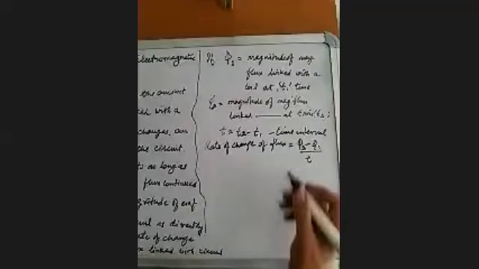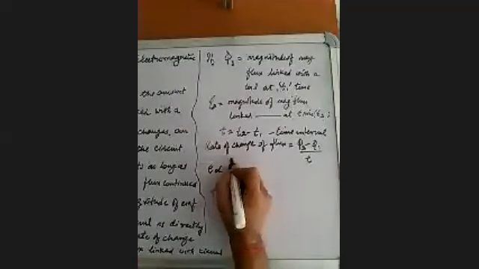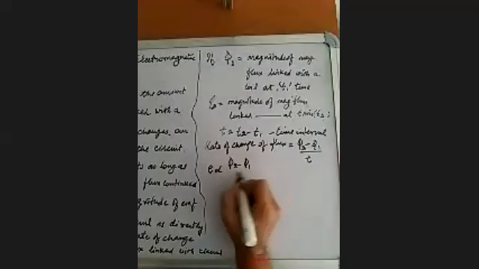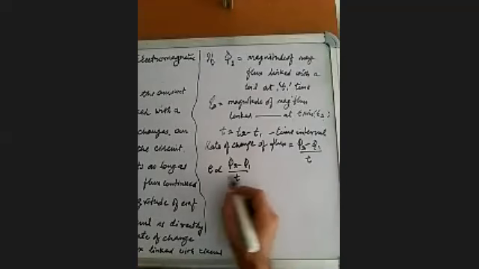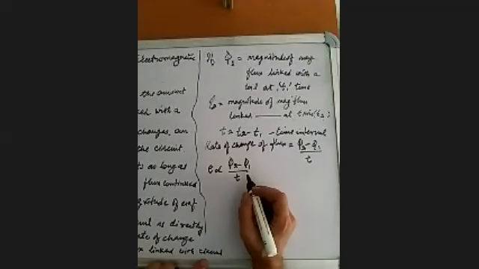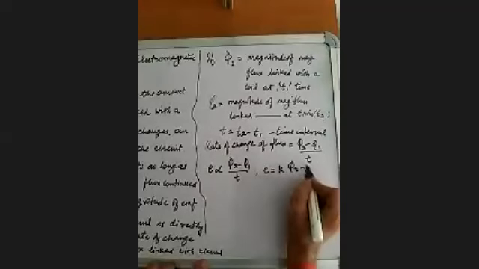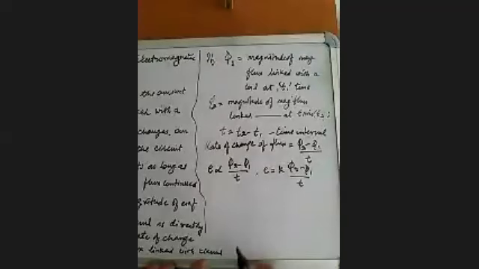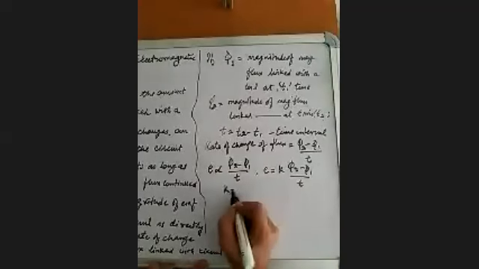Now, according to Faraday's law, E is proportional to this rate of change of flux. So E is directly proportional to (phi2 minus phi1) divided by t. Now for equality, E will be equal to K times (phi2 minus phi1) divided by t, where K is the constant of proportionality, and in the given system of units the value of K is 1.